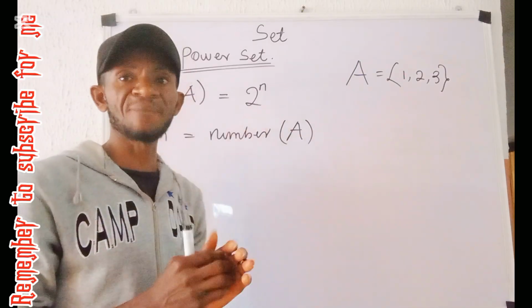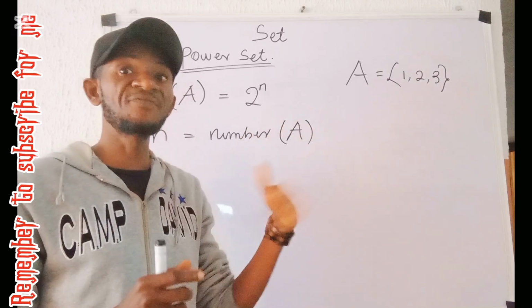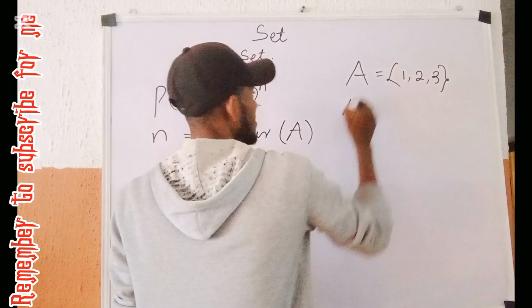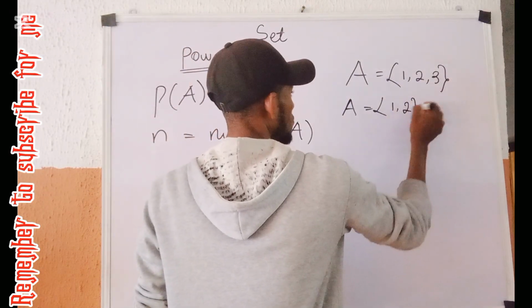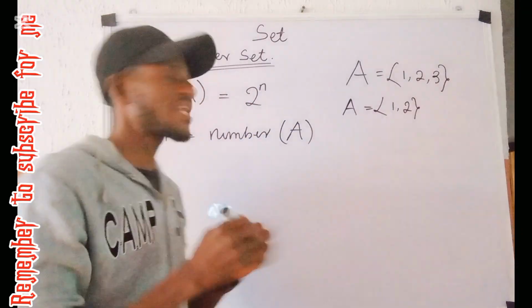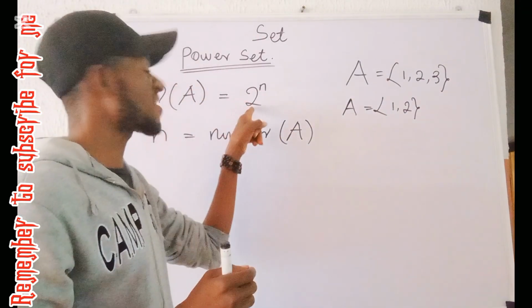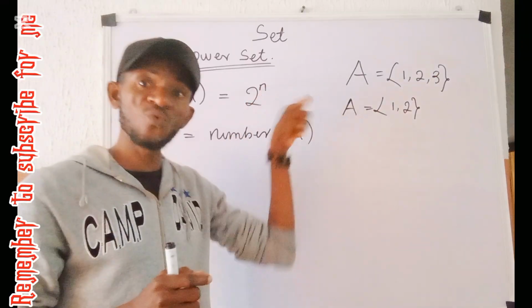That is how to determine the number of subsets that we can form from a given set. If you have something like this, A is defined by 1 and 2. This time around, the value of N becomes 2. And once you come here, you are going to say 2 raised to power 2, which gives you 4.